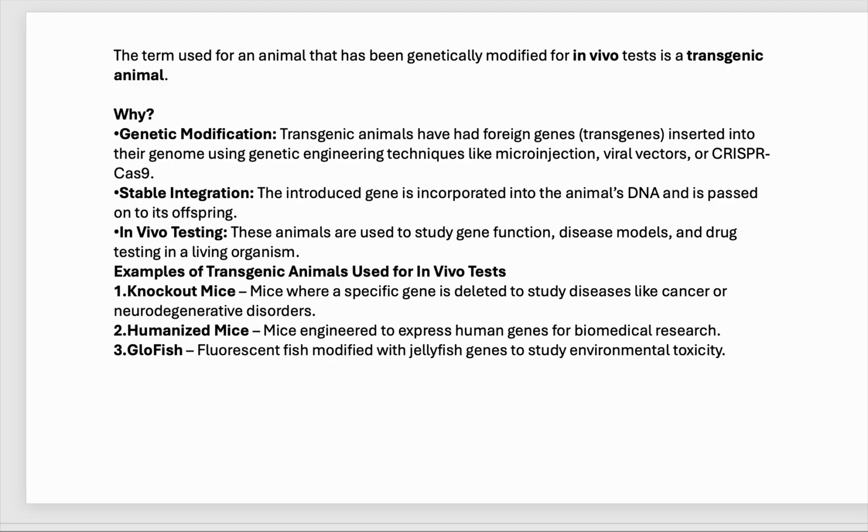So we know these are transgenic animals, we use them for in vivo studies, but why? Genetic modification: they have foreign genes that are called transgenes.